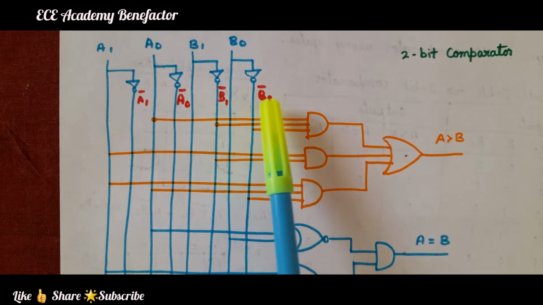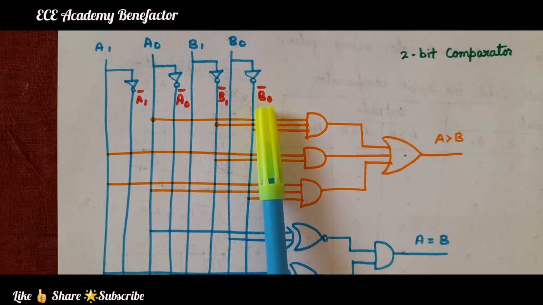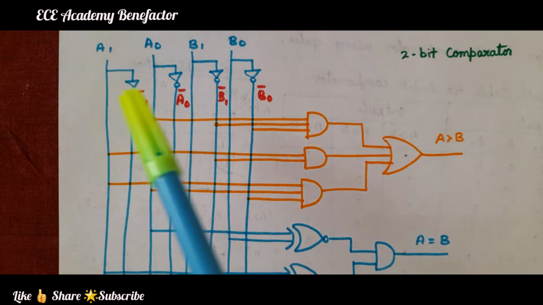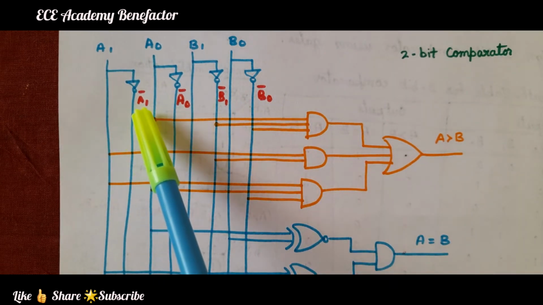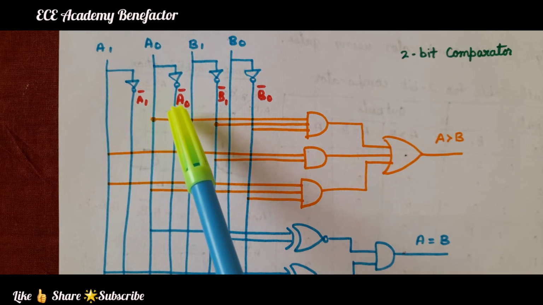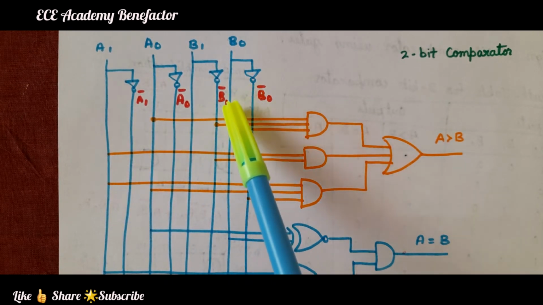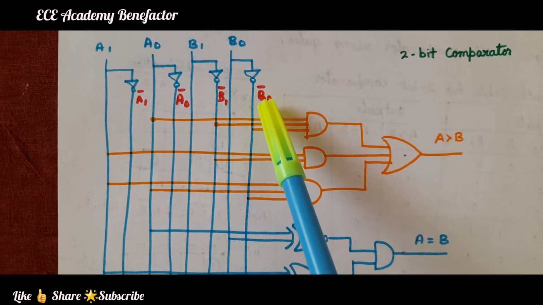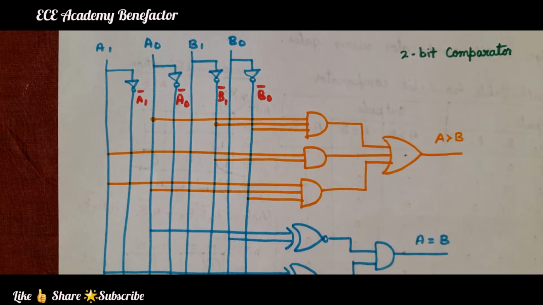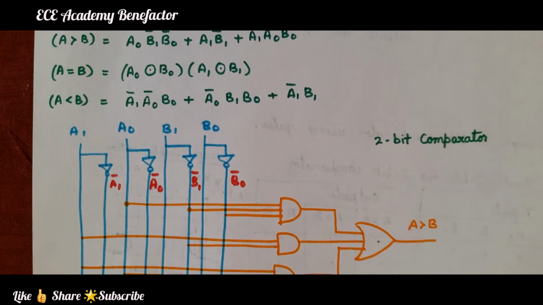Likewise B1 bar, B0 bar. So we have a total of 8 input lines here: A1, A1 bar, A0, A0 bar, B1, B1 bar, B0, B0 bar.